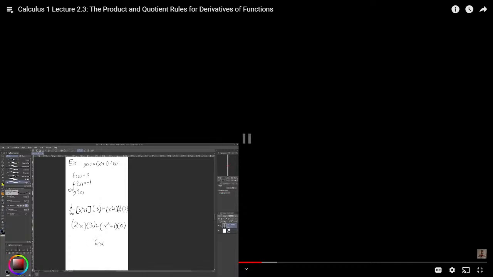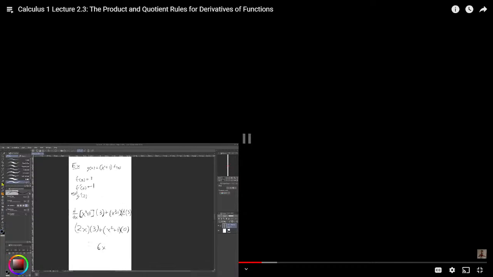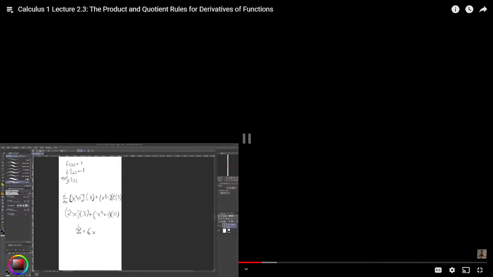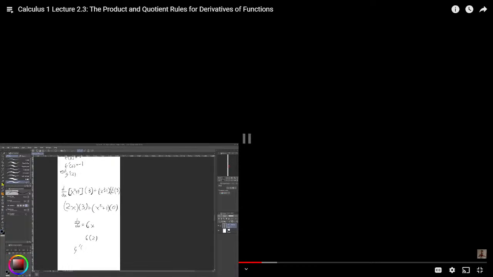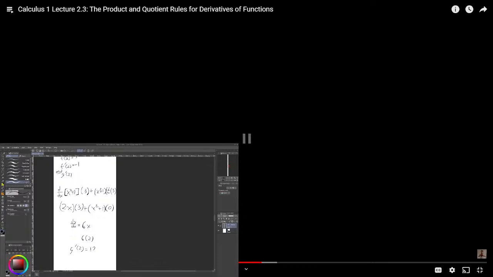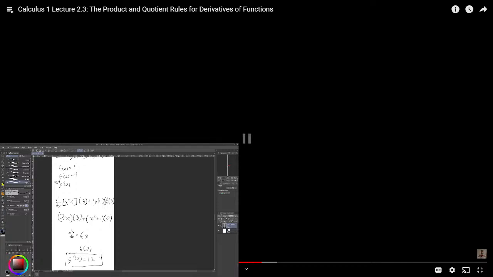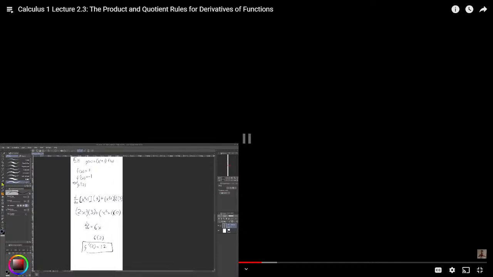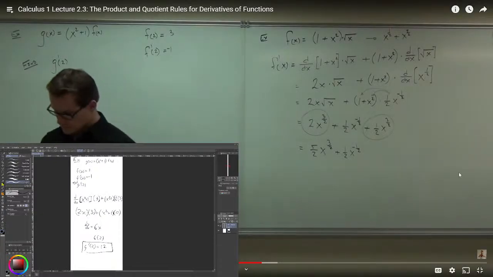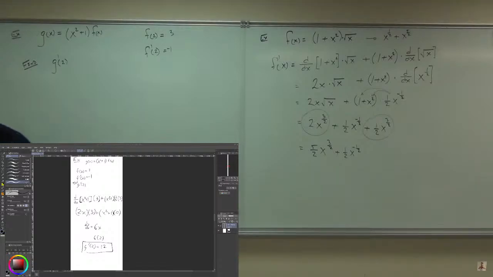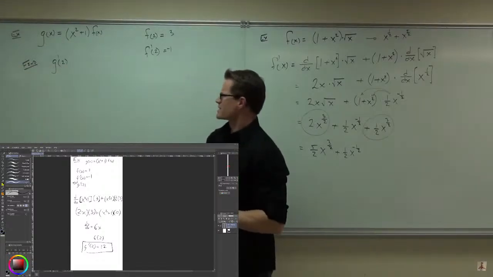So we got 6x and plug in a 2. $12, I think. Alright, well, we'll see, I guess. Okay, well, it's not too bad.